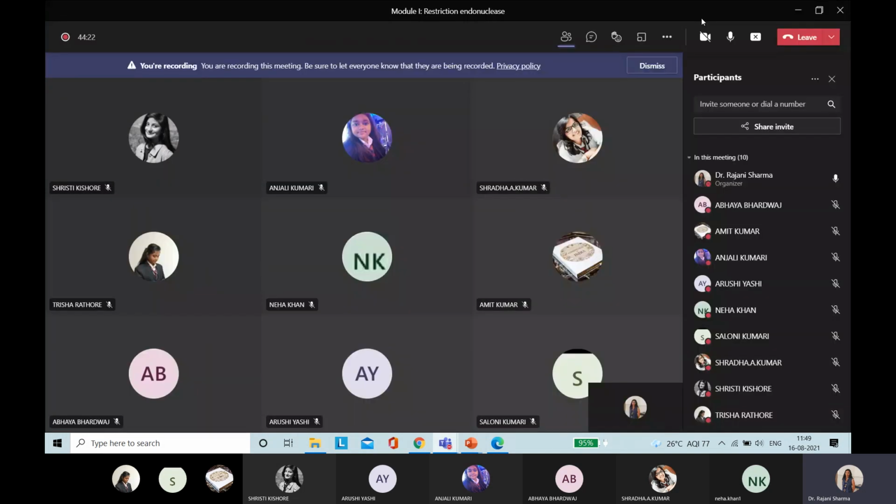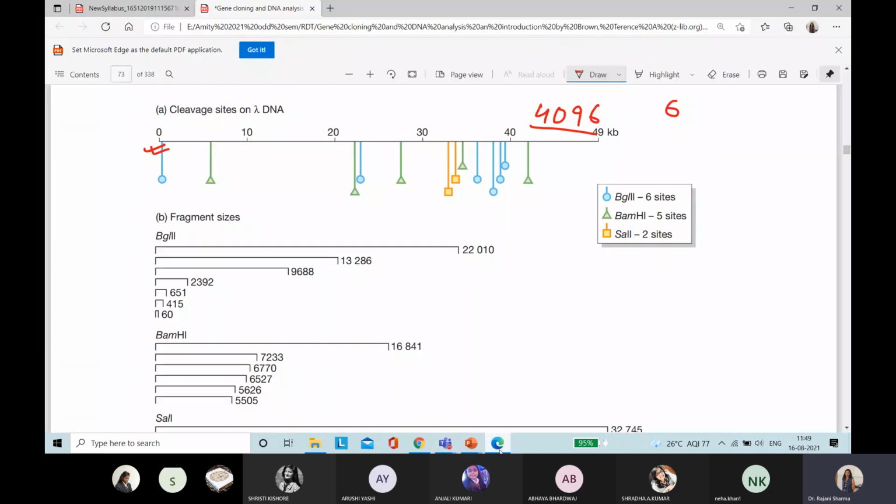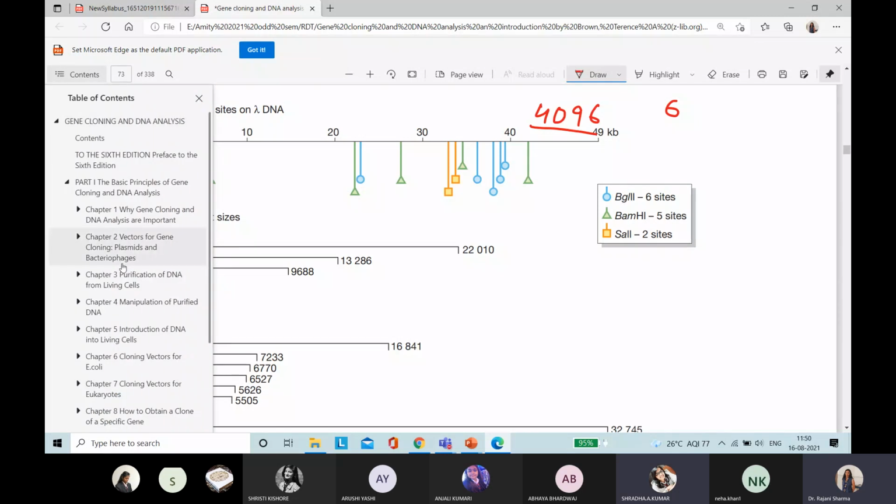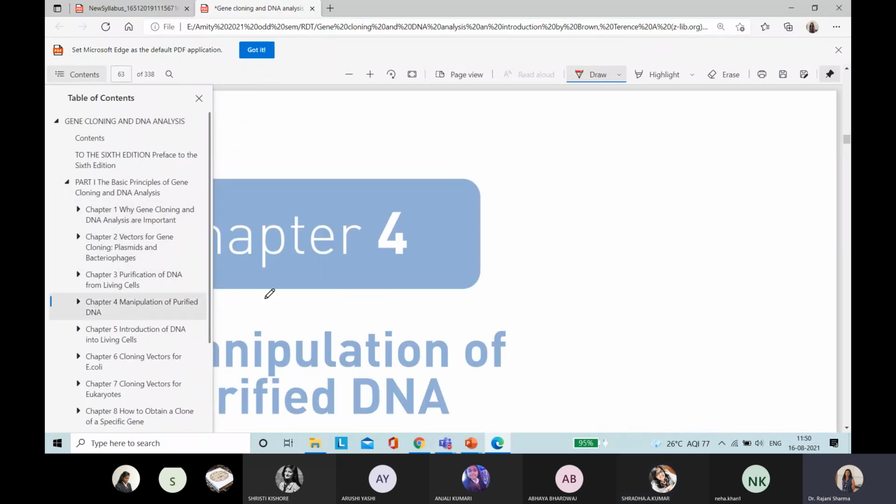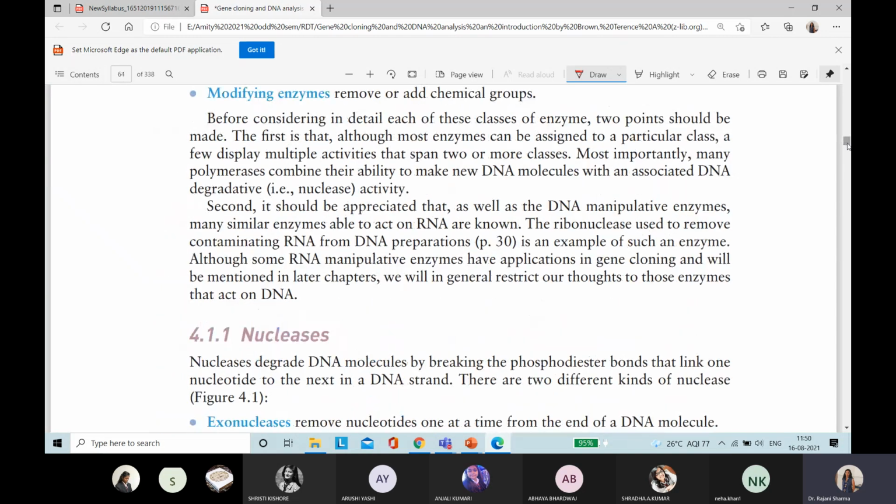So till now, is there any problem? Is there any doubt in restriction endonuclease? You all have the soft copy of the book. You read chapter number 4, manipulation of purified DNA, specifically this nuclease part. This is page number 64. After nucleases, it will be ligases.